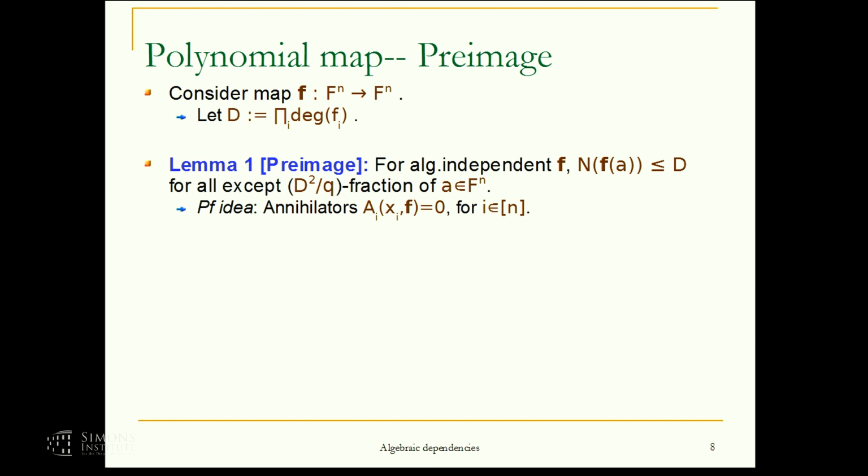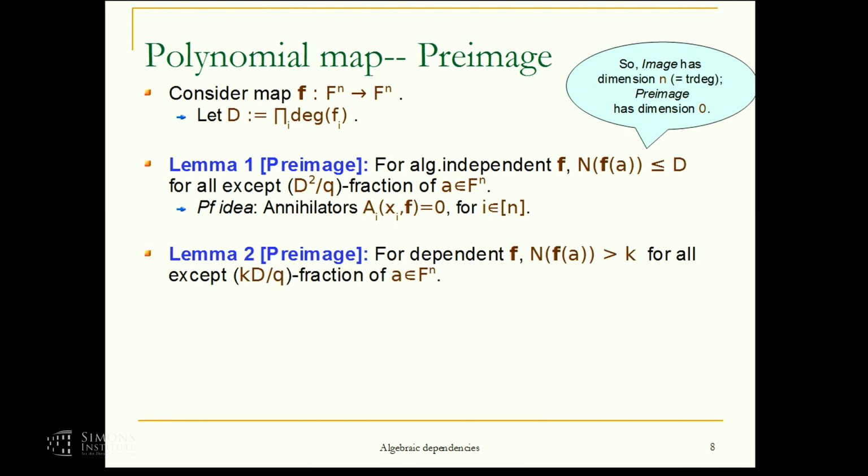But I don't want to go into this. It also implies that the image has geometric dimension n, and the pre-image has dimension 0. So the dimension of the generic pre-image plus the dimension of the image is equal to n. But it's extreme, it's 0 and n. You want to think of this geometrically.